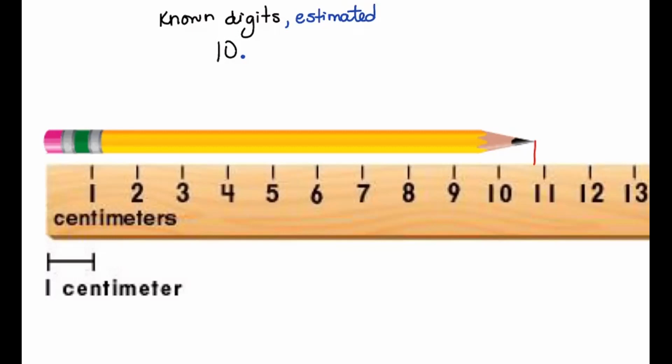Mentally, we're going to write 10 lines between 10 and 11, okay? So when you look at this, maybe some students are going to say, you know what, Dr. Luz, I look at this and I think that this is 10.7.